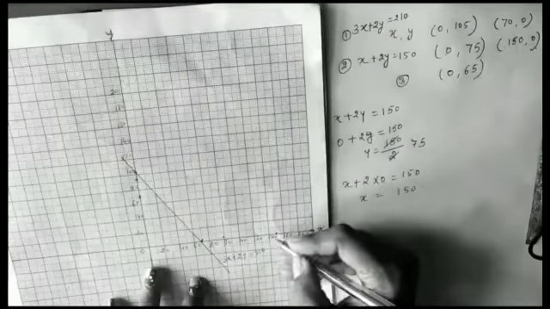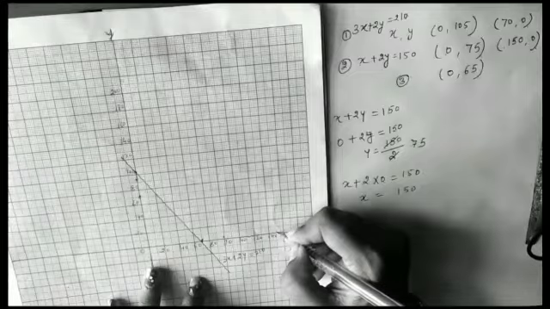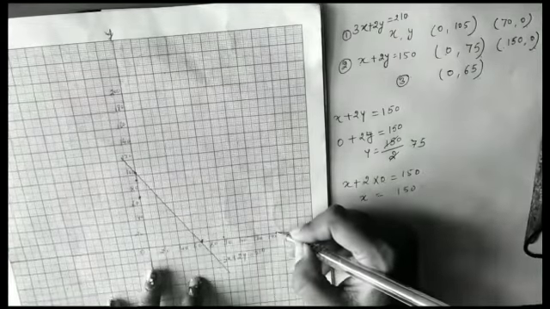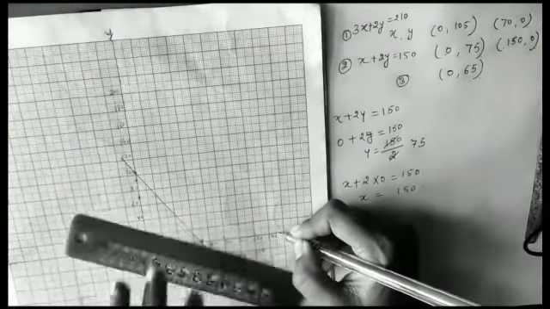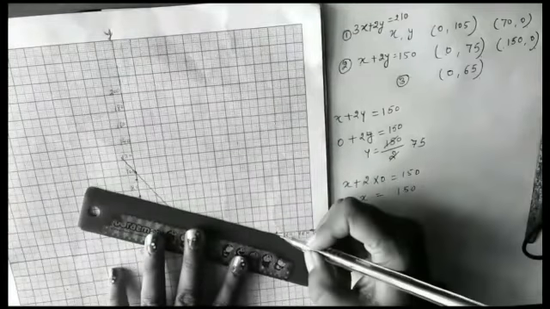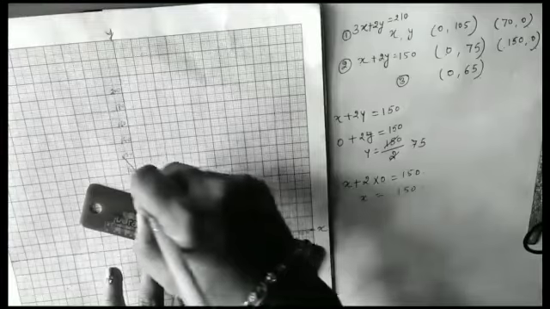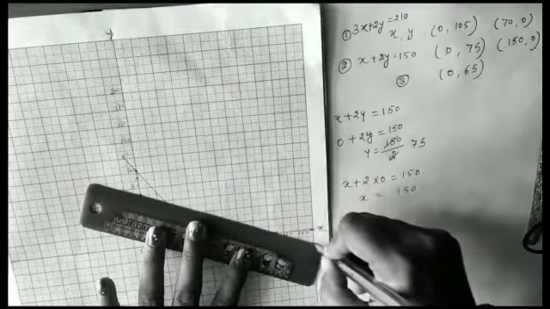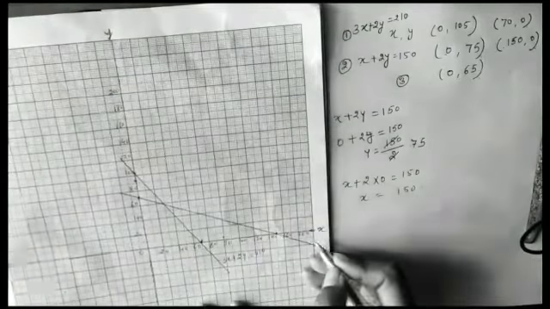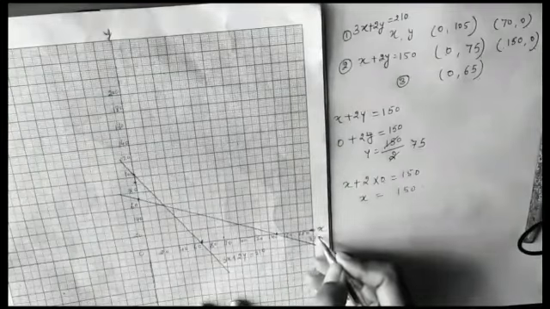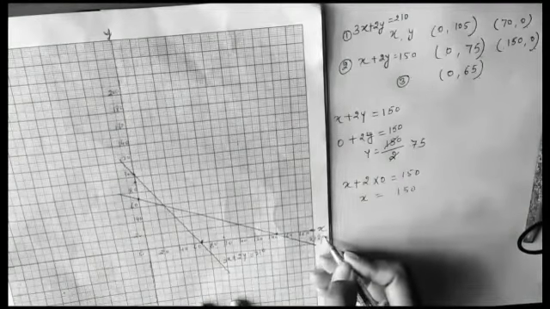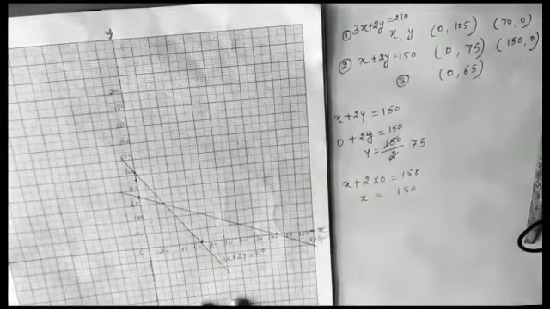So 150, 140 and this is 150. Here y is 0, x is 150. Let's join these 2 points. This is the line x plus 2y equals 150.